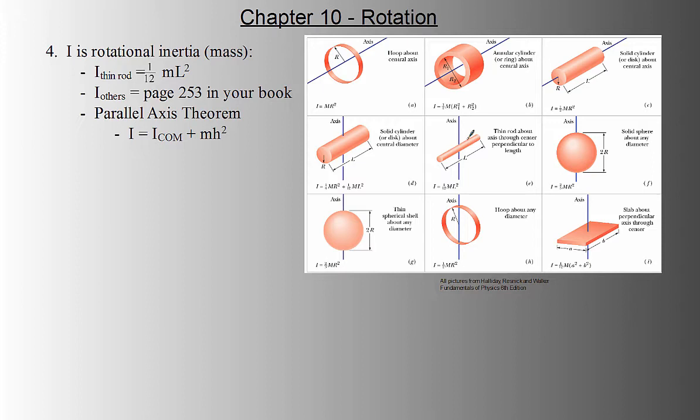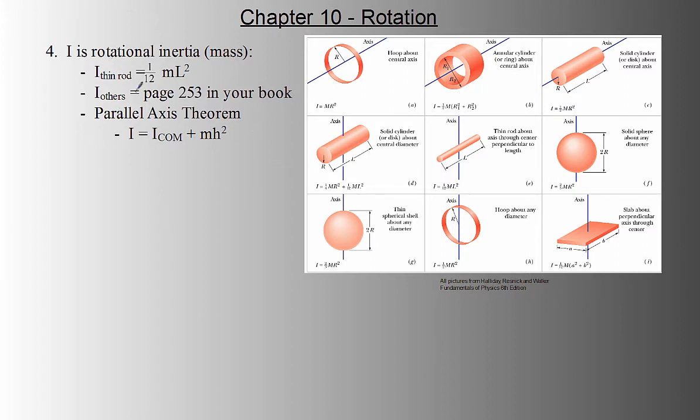Then tape those objects near the ends of the ruler and try to rotate it. You haven't changed the mass of the ruler and whatever you tape to it, but you've just changed the location of the mass. In the second situation where you tape it at the ends, you've moved the mass farther away from the center, and you should notice that that's going to be harder to rotate.